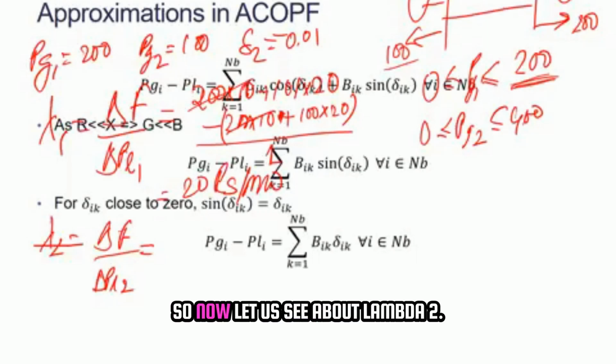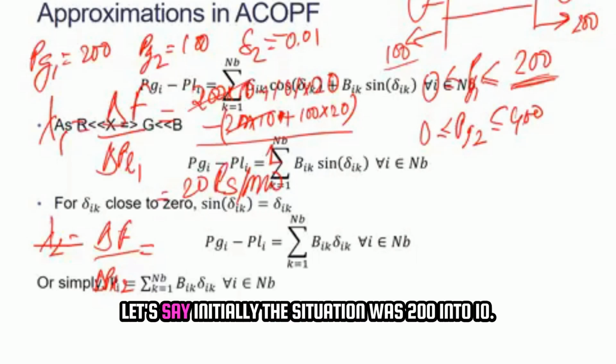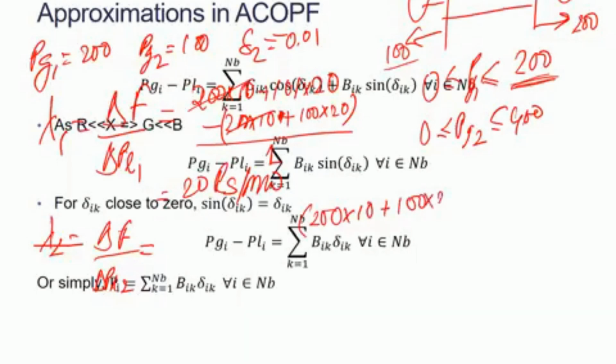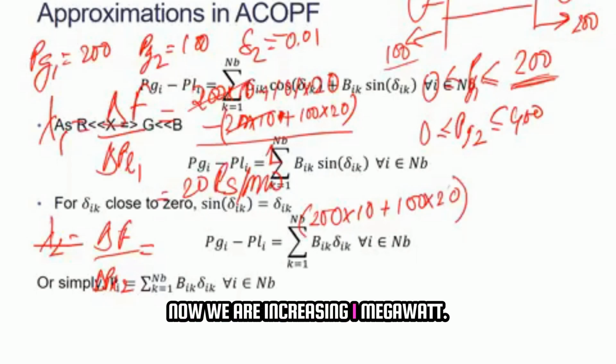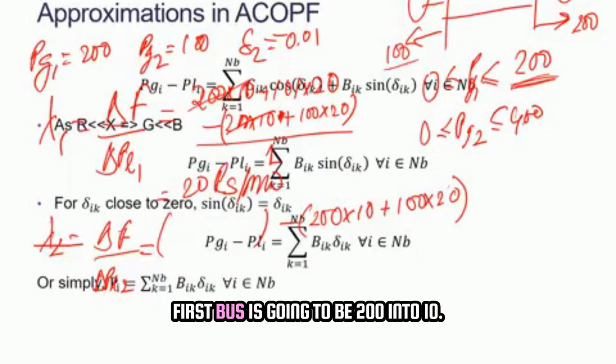Right. So now let us see about lambda 2. Can anybody help me? Let's say initially the situation was 200 into 10. This will remain constant. Now we are increasing 1 megawatt. So the first bus is also going to be constant. First bus is going to be 200 into 10. We are increasing 1 megawatt.